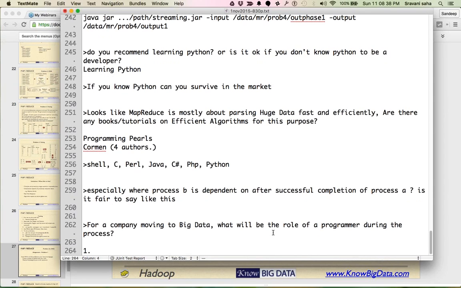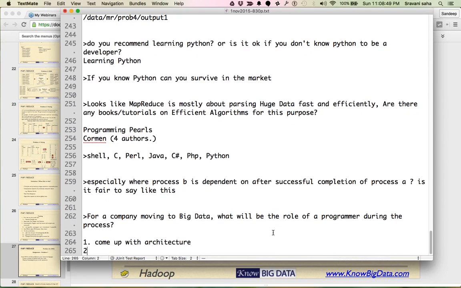The programmer's role is to come up with the architecture as well. It's not only the architect's role, but also the programmer's role to decide which job will be done in Pig, which in Hive, what the storage will be, and when to use this.